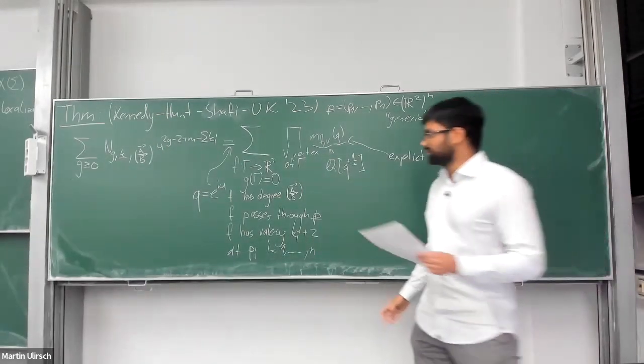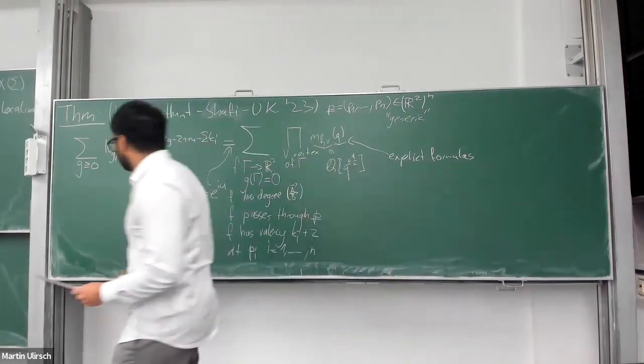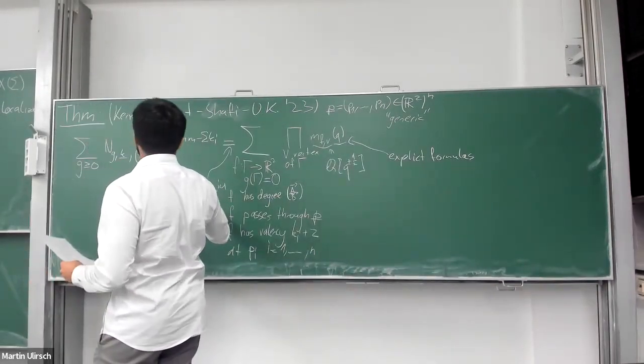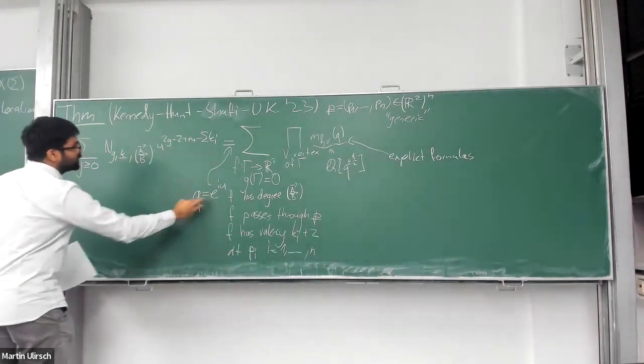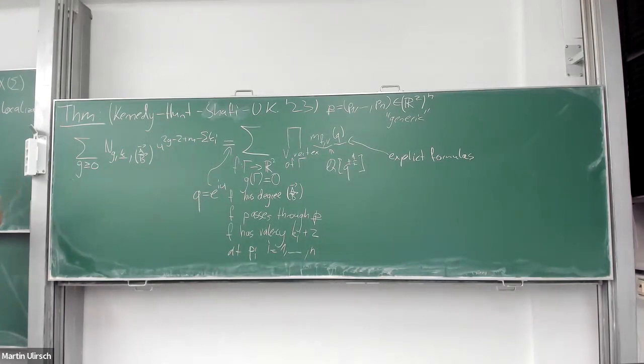The reason why I mentioned threefolds before is that this transformation Q equals e^{iU} appears in the so-called Gromov-Witten/DT correspondence.